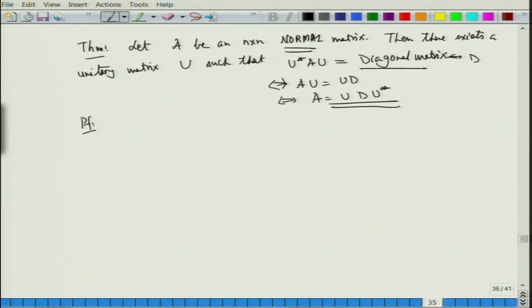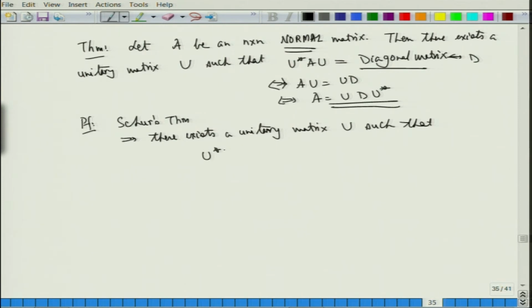So, what we know is by Schur's theorem, there exists a unitary matrix U such that U star AU is T, an upper triangular matrix. Fine. So, you have U star AU as an upper triangular matrix.